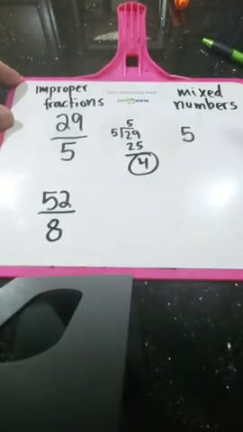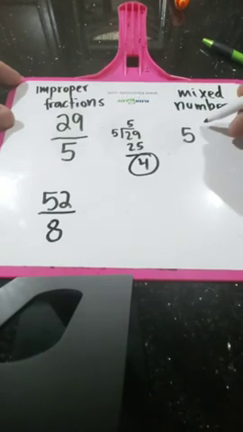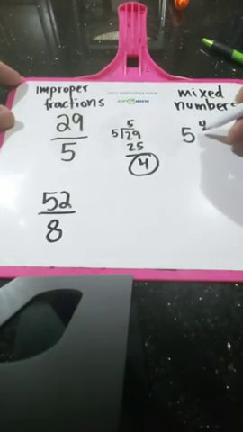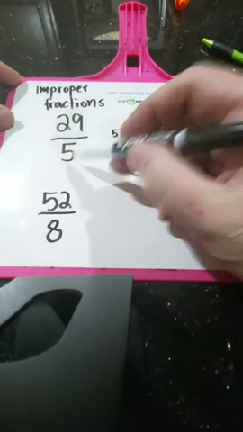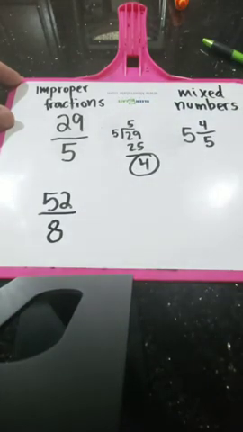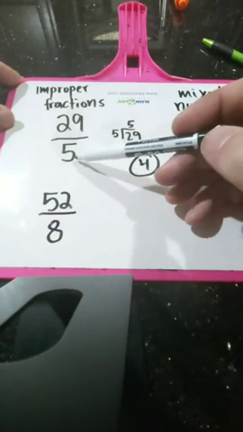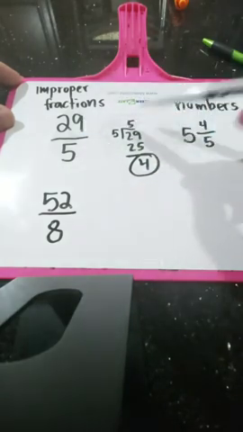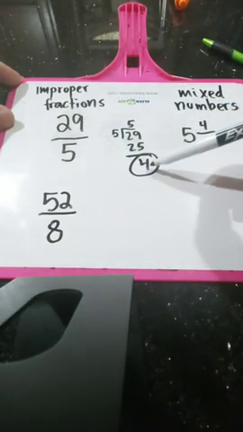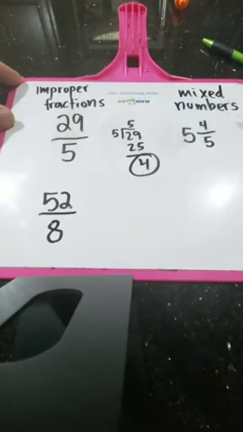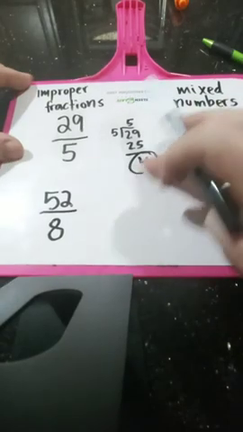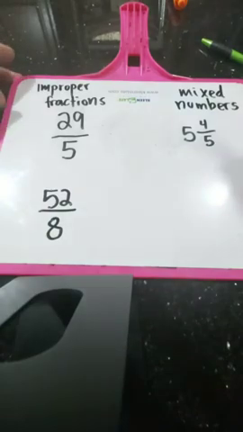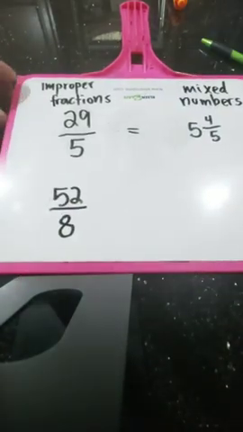So this 4 now becomes our new numerator. So the 4 is going to go up here, and we're going to keep our denominator the same. So what we did there is we multiplied the denominator into the numerator here, and our remainder is what went up here. Okay, so we just converted this back using multiplication and division.